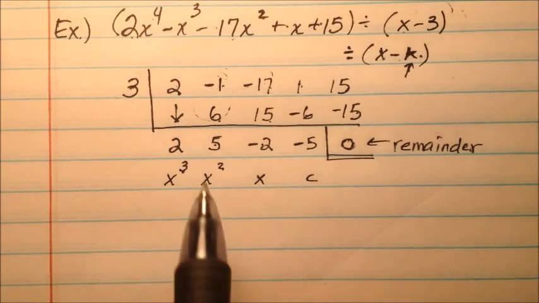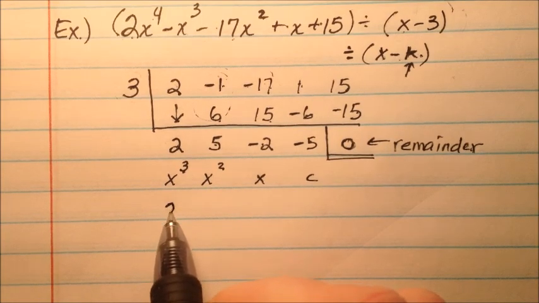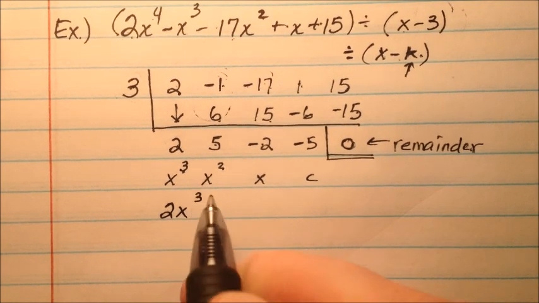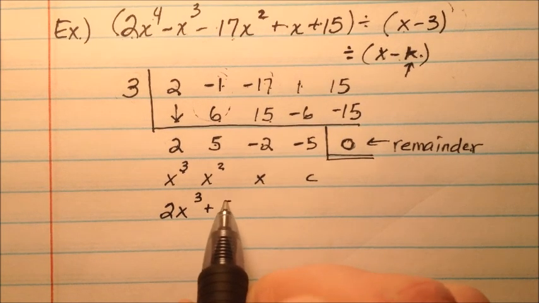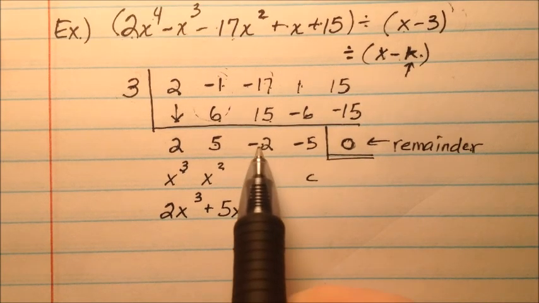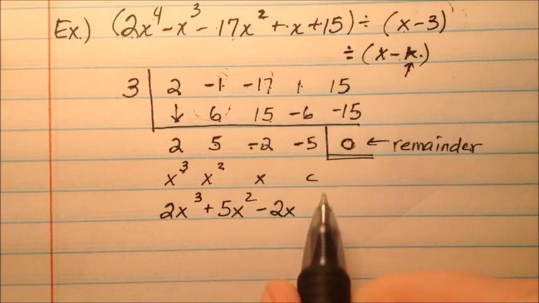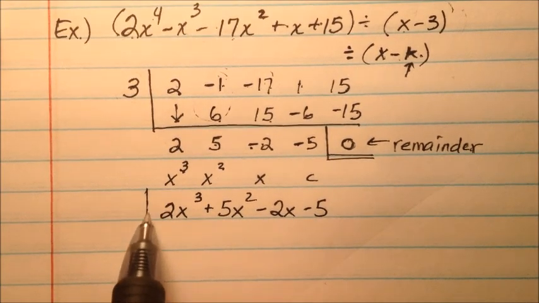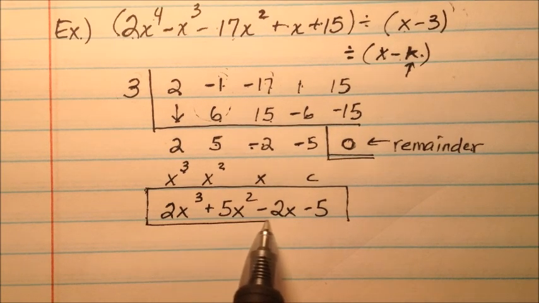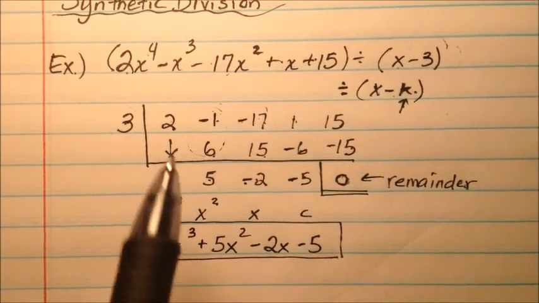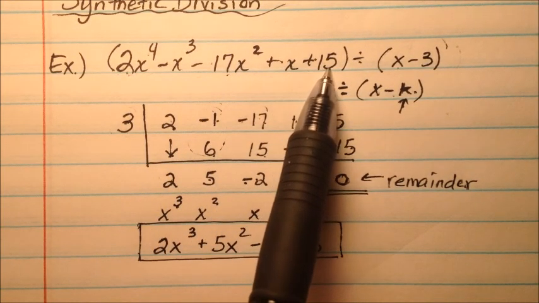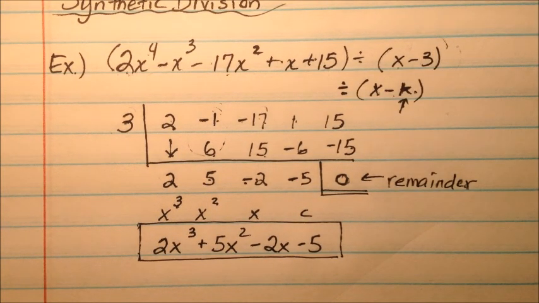So how does this work? Well, 2x cubed, this is positive, so plus 5x squared, negative, so minus 2x, negative, so minus 5. So right here is my quotient when I take this 4th degree polynomial and divide it by x minus 3.